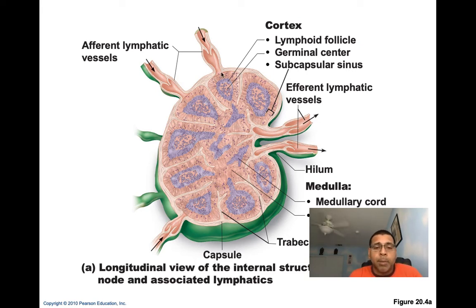You can see these trabeculae as the capsule makes its way into the organ. These are like septa, like dividers. The trabeculae are connective tissue strands that extend inward and divide the lymph node into compartments.